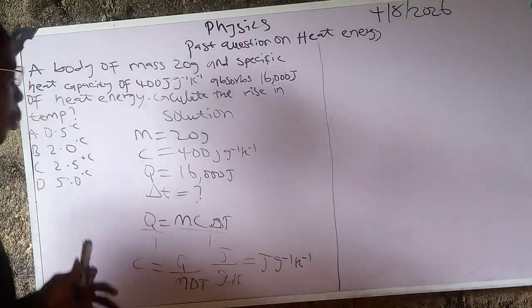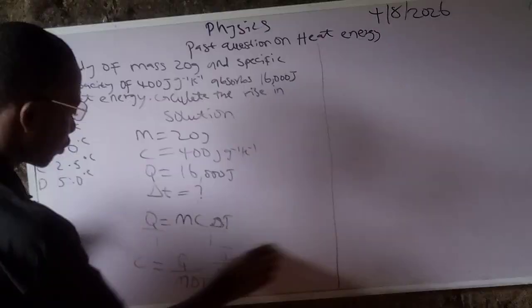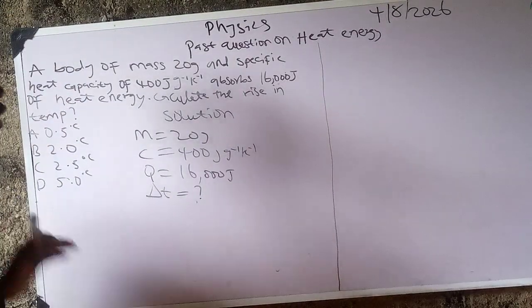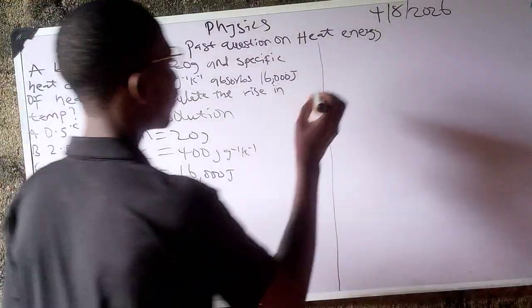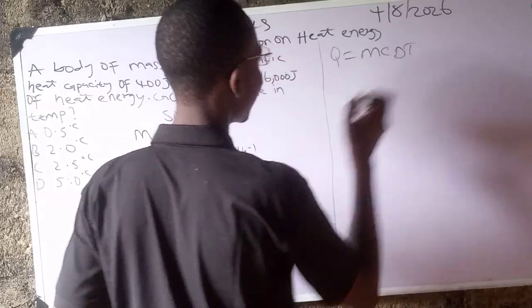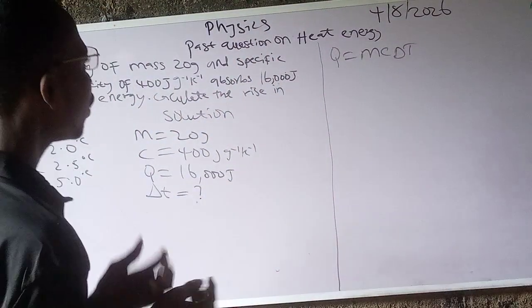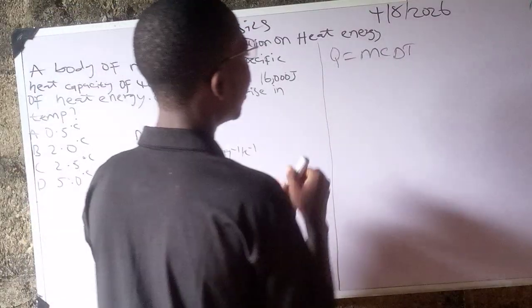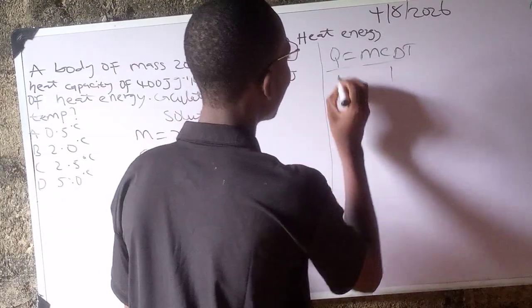Now let's go to the main question. So this is the formula I'm going to be using. Q equals to M C change in T. So in this question, they ask us to find the rise in temperature, which is change in T. So I'm going to make change in T the subject of the formula.